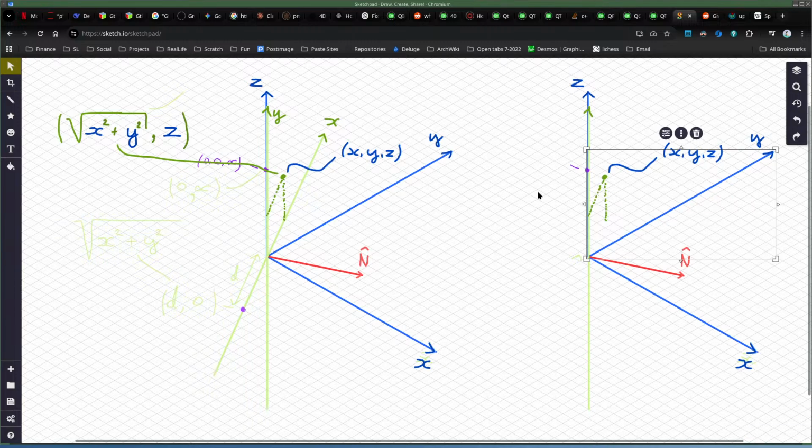I'm trying to draw something. I'm trying to figure out a way to represent points that are projected onto a plane in a two-dimensional coordinate. So you have three, x, y, and z, in the three-dimensional space.